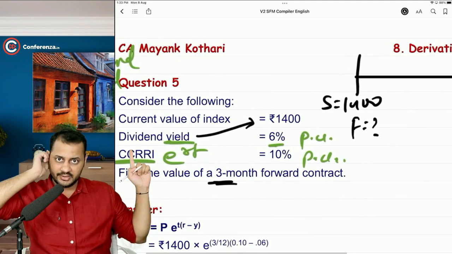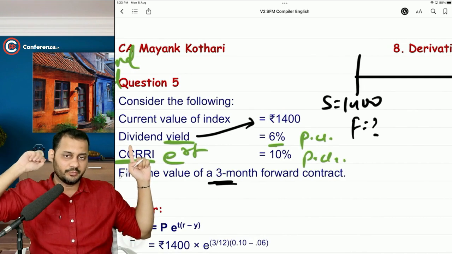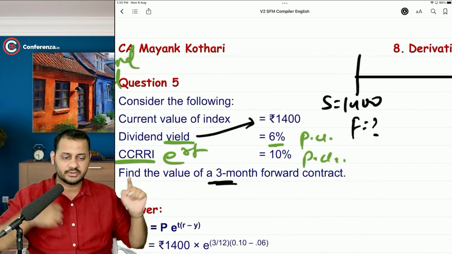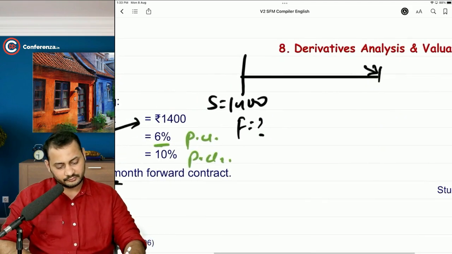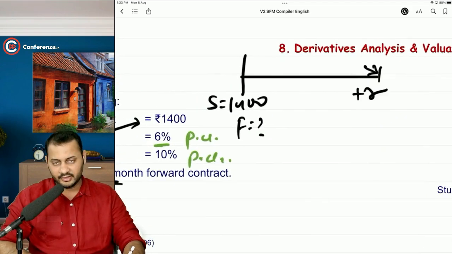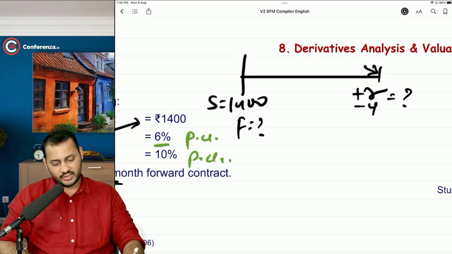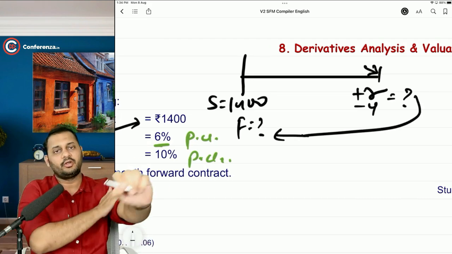Nothing is written in this question, so dividend will be assumed to be paid at the end of the 3 months. Interest will also be assumed to be paid at the end of the 3 months. So whatever you add for rate, interest, borrowing cost, and deduct yield in this case, whatever is the net outflow at this point will become the theoretical futures price.